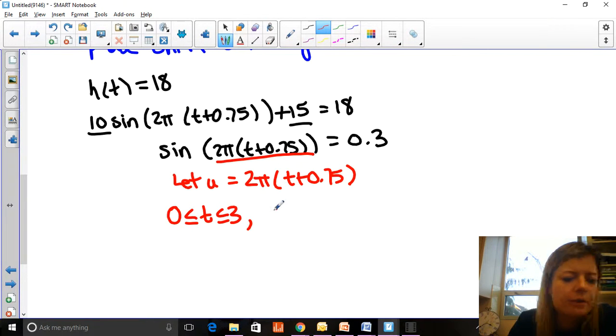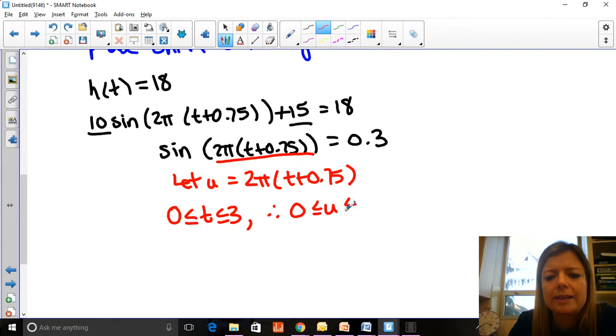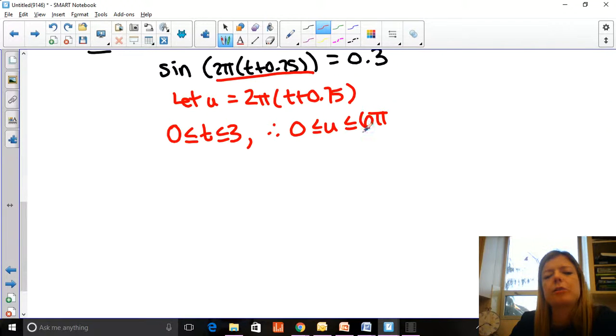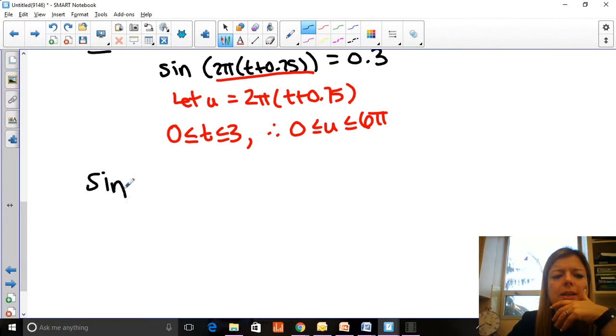So therefore, we're solving for a u between 0 and 6π, because this is 3 cycles of a normal sine curve, 2π times 3. So now we change this into sin u = 0.3.